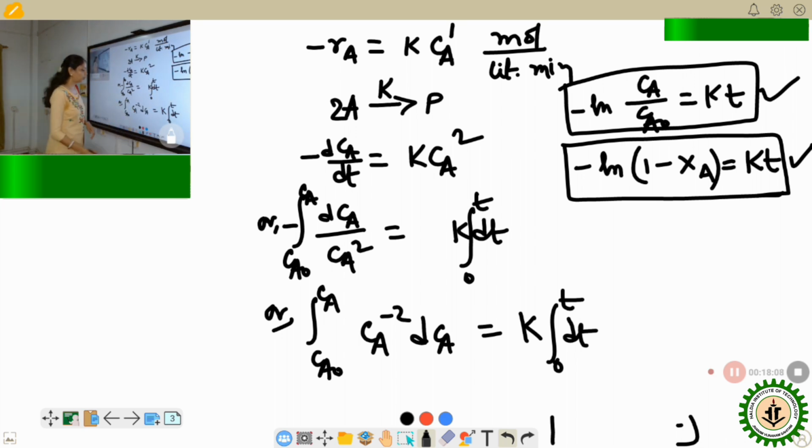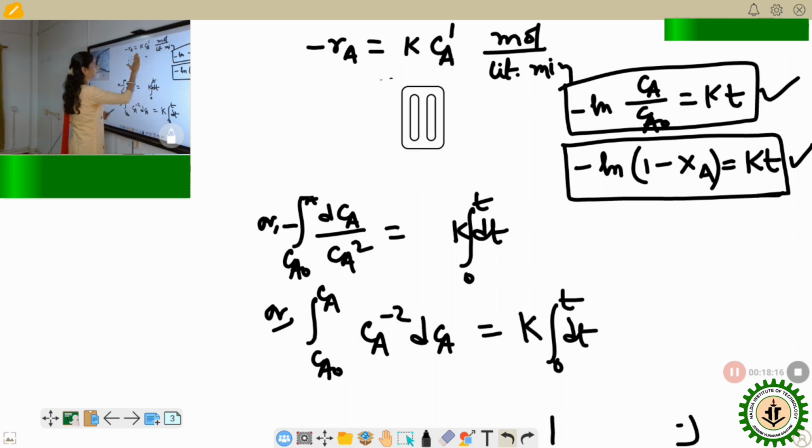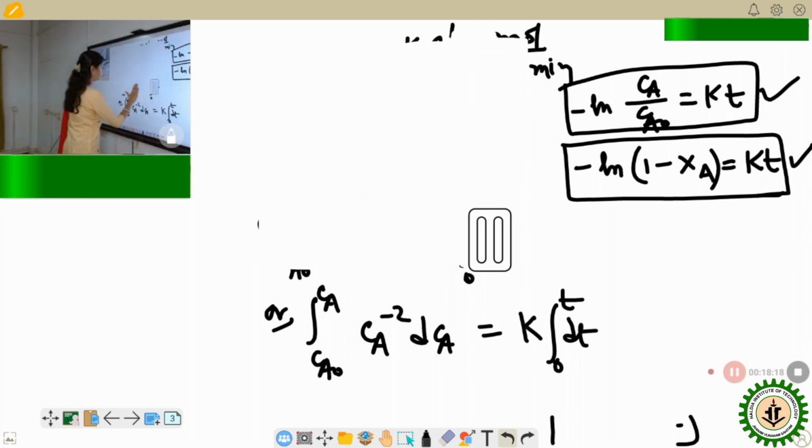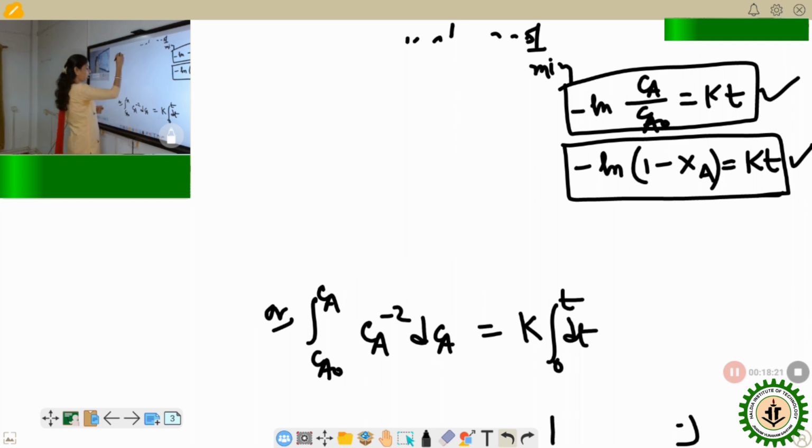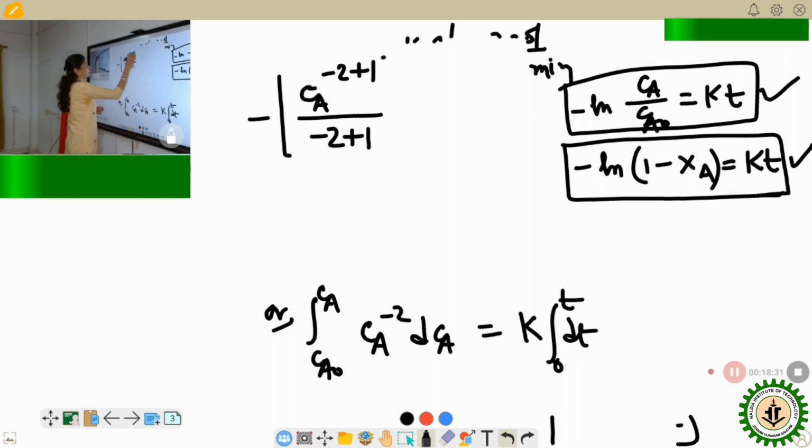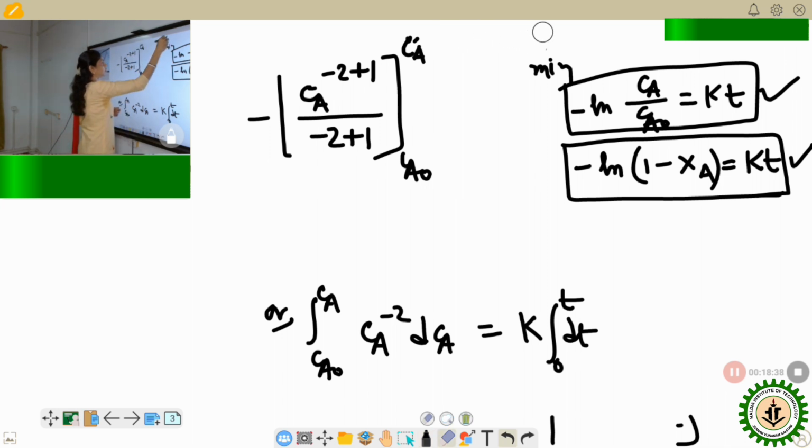Okay, now what is the integration of this? Ca to the power minus 2 plus 1 by minus 2 plus 1, minus sign is outside, limit is Ca0 to Ca, equals Kt.